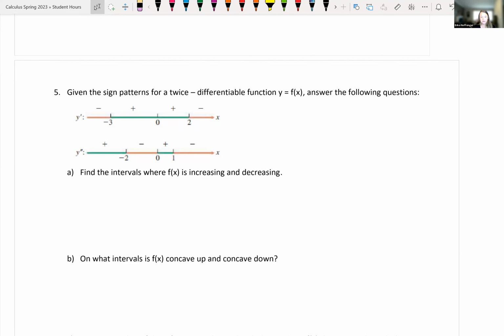Well, we can tell where a function is increasing and decreasing based off the first derivative. Where the first derivative is negative, our function will be decreasing.